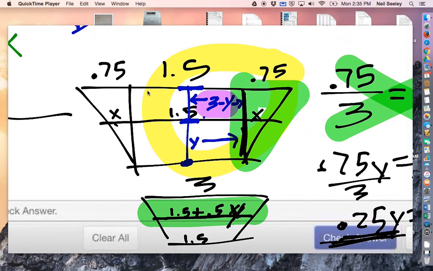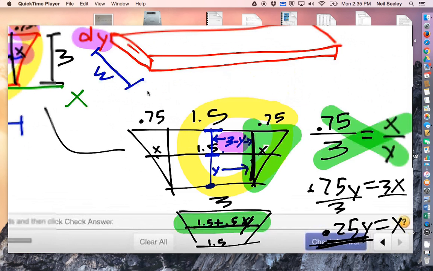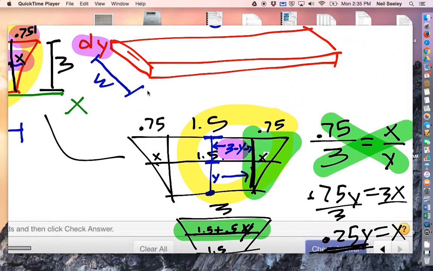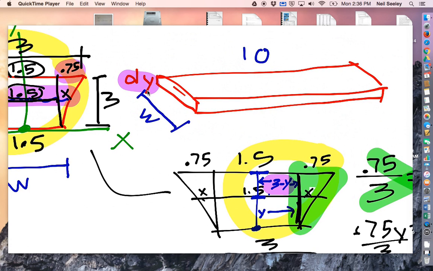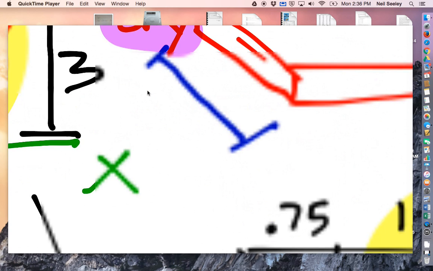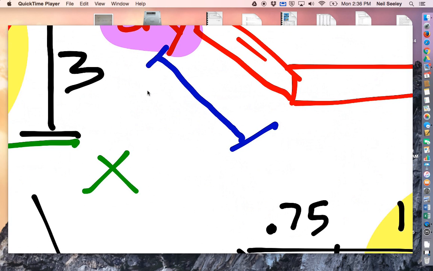Okay, so now we're ready to take this thing to the next level. You okay with this? This is getting goofy. You know what we just found? If you've forgotten, I would totally understand. But what we just found is the width of our one slice here. This width here is 1.5 plus 0.5 y.